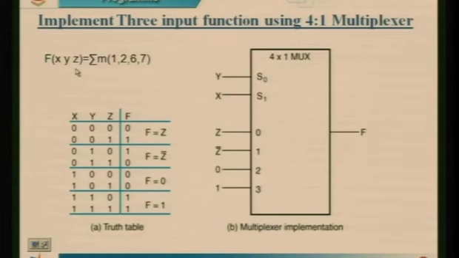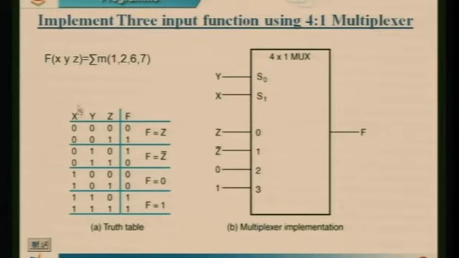I've taken a three variable input, wherein I have the min terms indicated as 1, 2, 6 and 7. So this is a 3 input function. Now I am going to realize this function. Instead of using an SOP circuit, I can develop this function using a multiplexer.